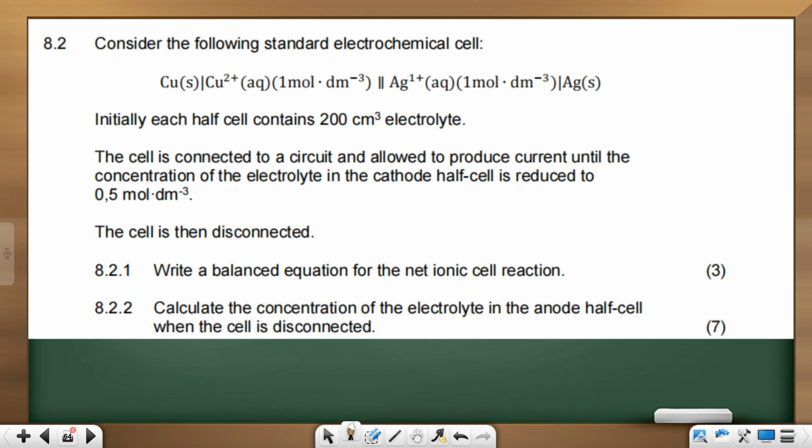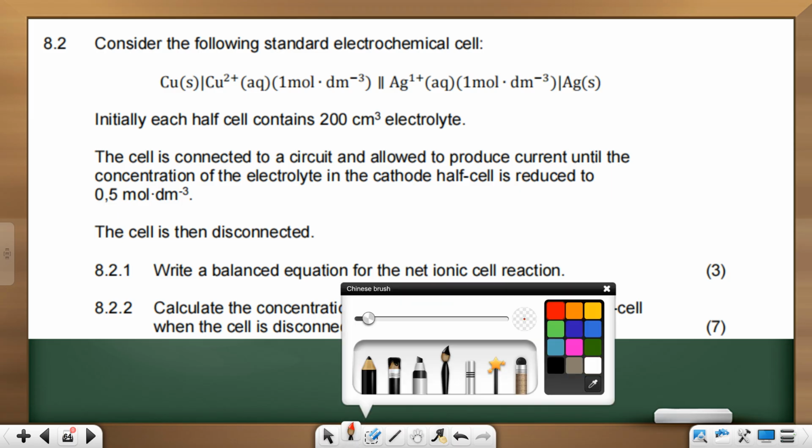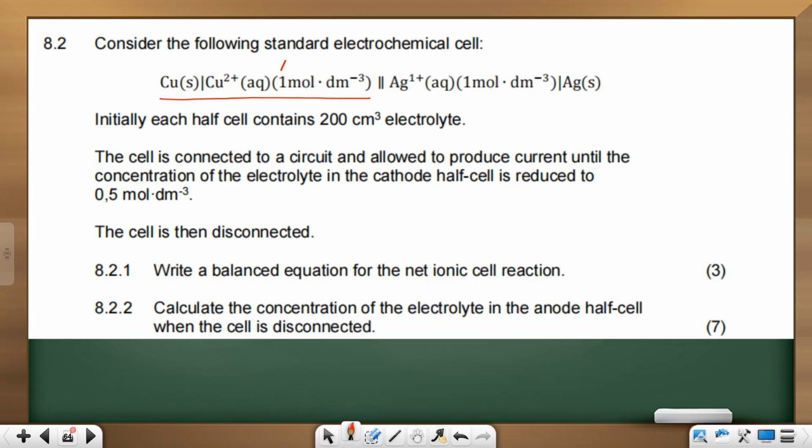Already from my cell notation, I see this as my anode and this as my cathode. Each half cell contains 200 cm cube of 0,2. The cell is connected to a circuit and allowed to produce current until the concentration of the electrolyte in the cathode half cell is reduced to 0,5.